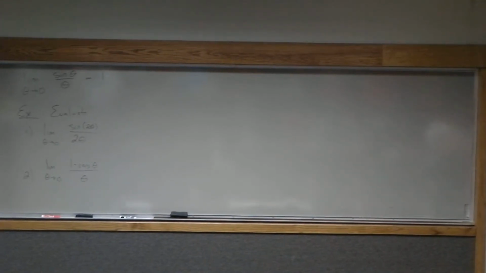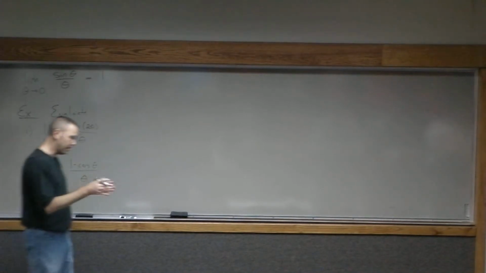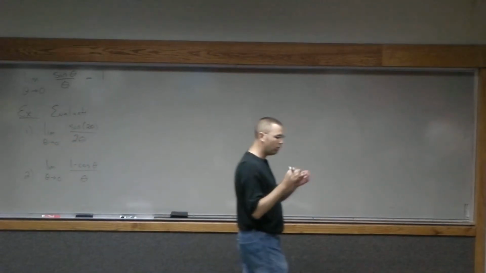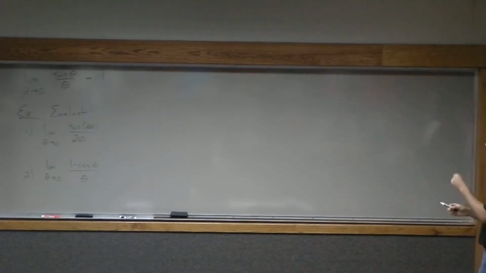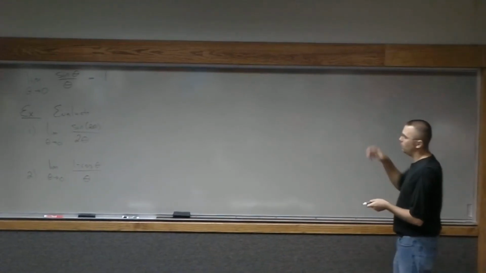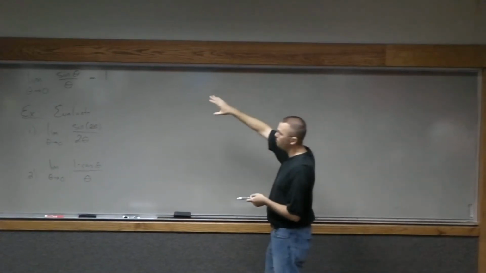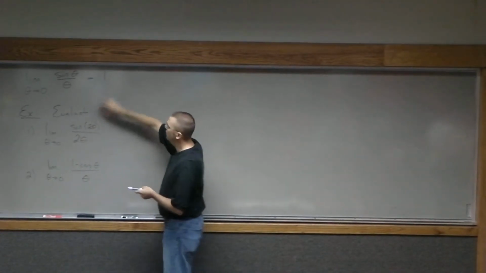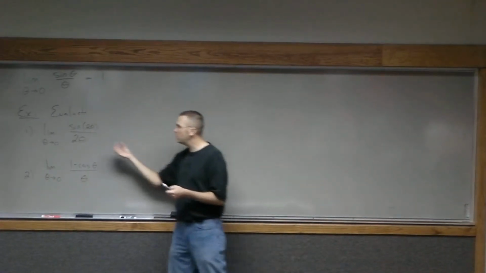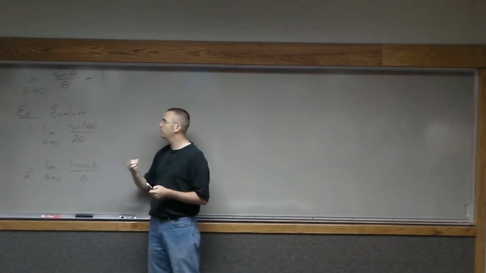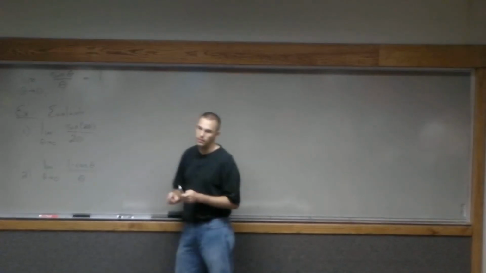This first one here, we're looking at the sine of 2 theta divided by 2 theta. We want to know what happens to this function if we get really, really close to 0. Well, if you compare this limit with the one that we evaluated last time, what's the difference? The only difference I can see is there's a 2 theta inside the parentheses, and there's a 2 theta in the denominator.